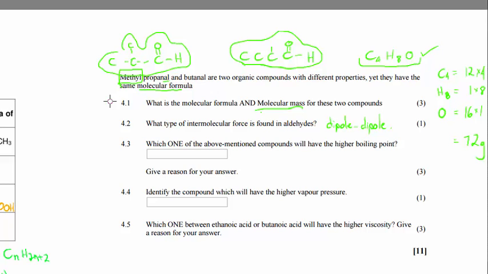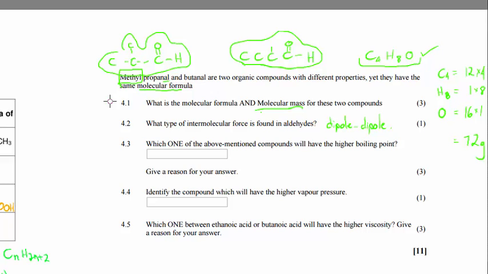Methyl propanol will have a higher vapor pressure, because remember what we said with the branches and the intermolecular forces that exist. Since they are weaker, it will be easier for the molecules on the surface to let go. It's exactly it. I would just use the word forces.